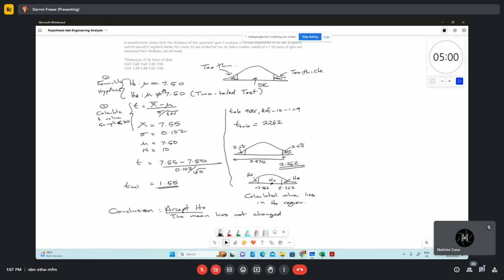So one, formulate the hypothesis. Two, calculate the value. Three, look up the tabulated value.